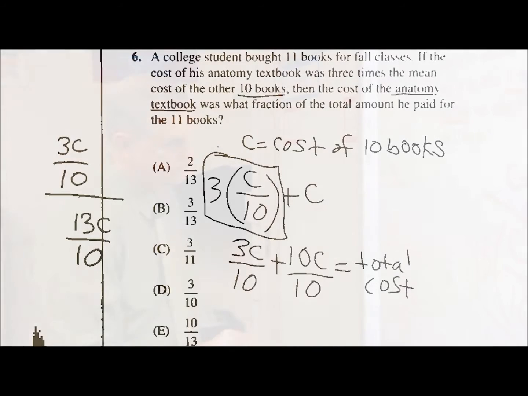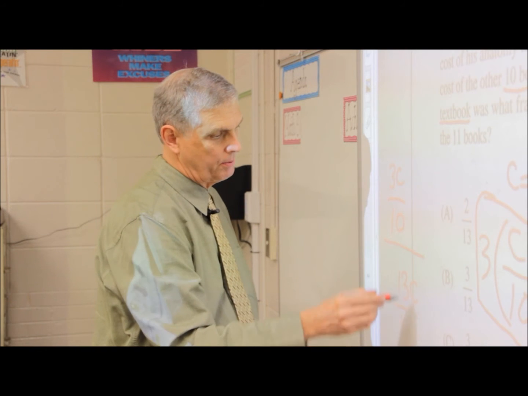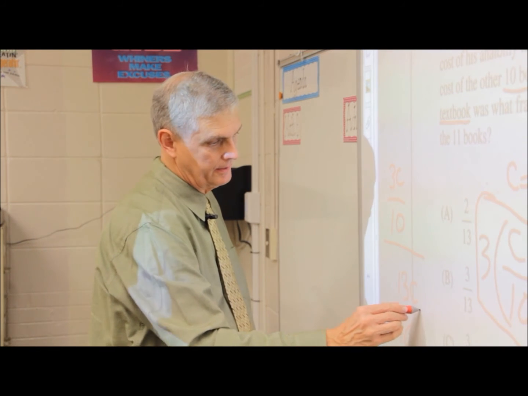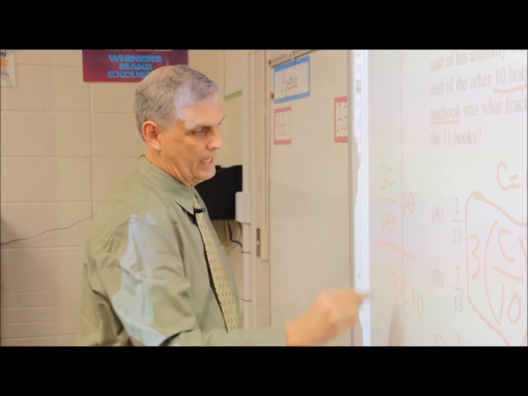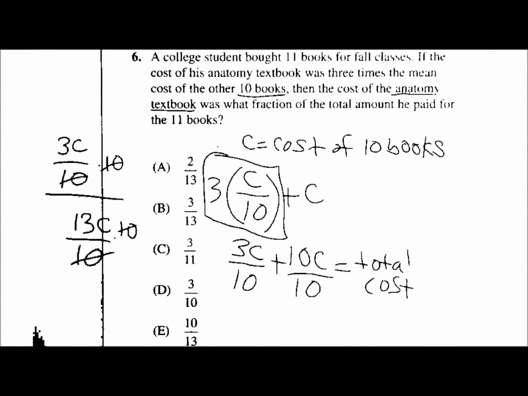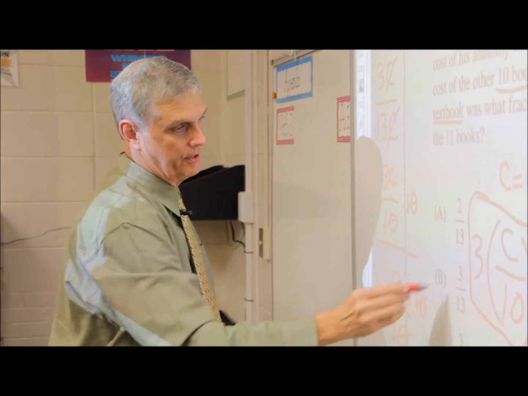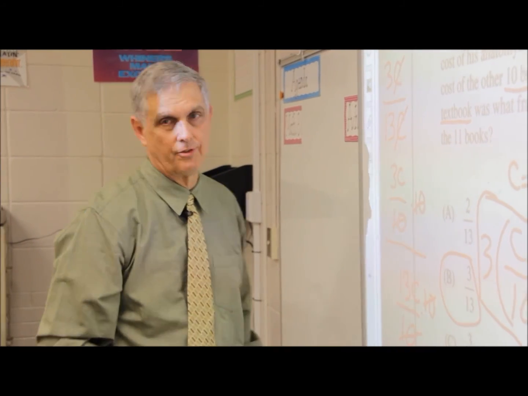Now, to compare these, I'm going to multiply the top and bottom by 10, and these will cancel out. And we end up with 3C over 13C. And I can then cross these out, and I end up with 3/13, which is this answer right here.